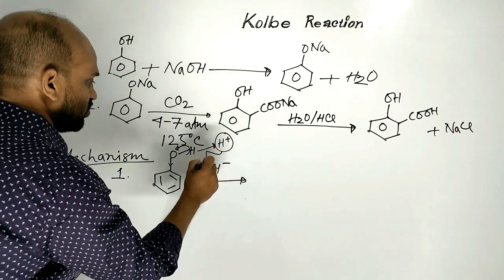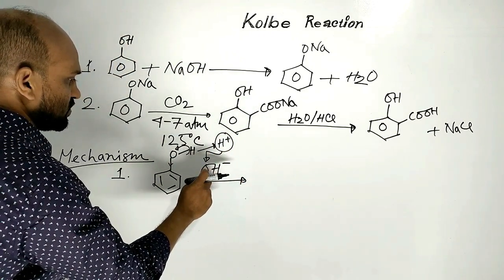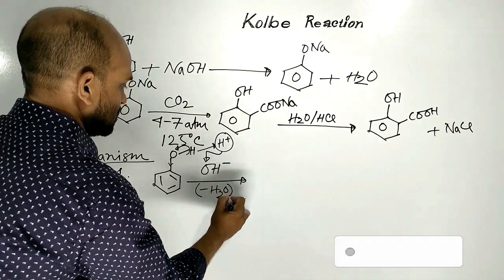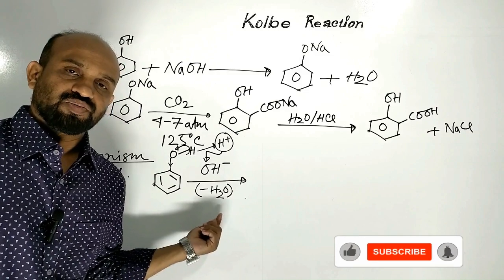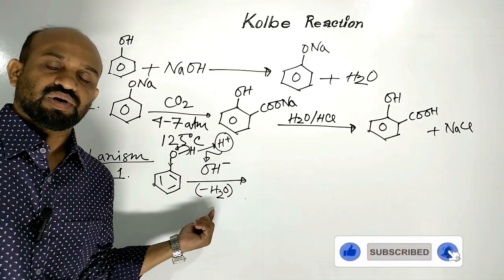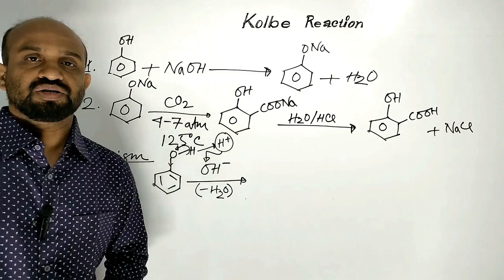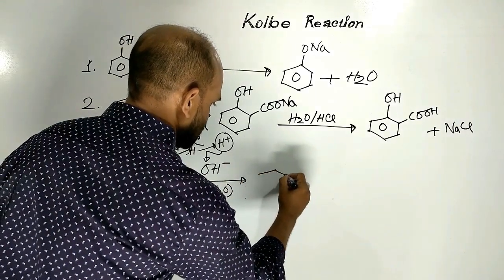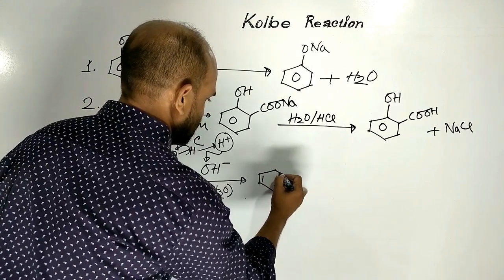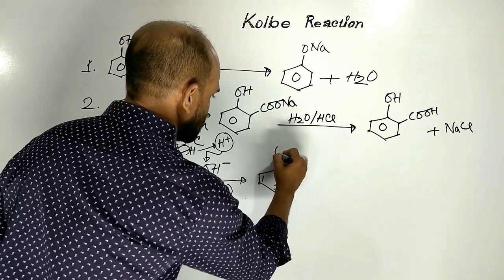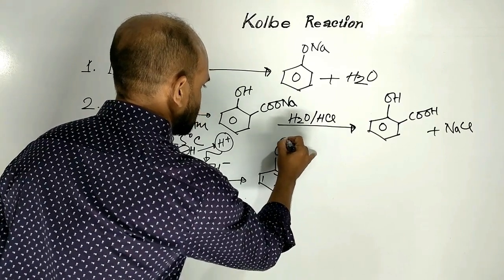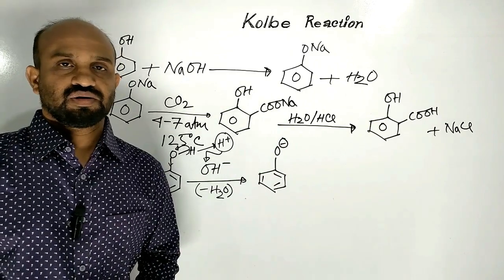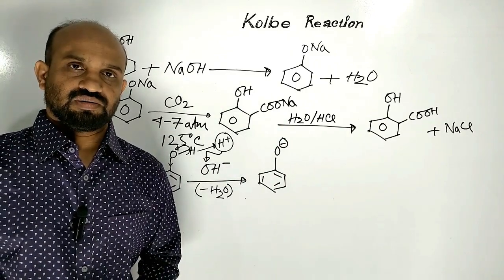This proton combines with this hydroxyl group, and as a result, water is separated from the reactants. This minus sign indicates separation of the compound. Now, this is formed. Oxygen with negative charge. This is known as phenoxide ion or phenolate ion.